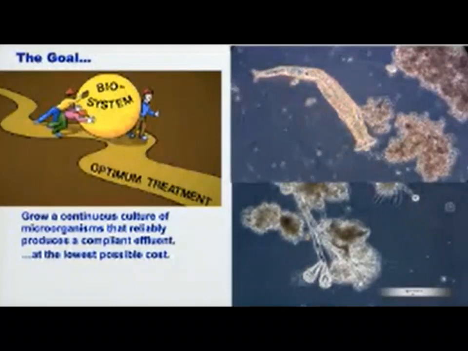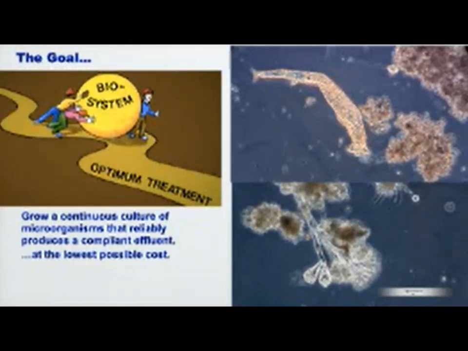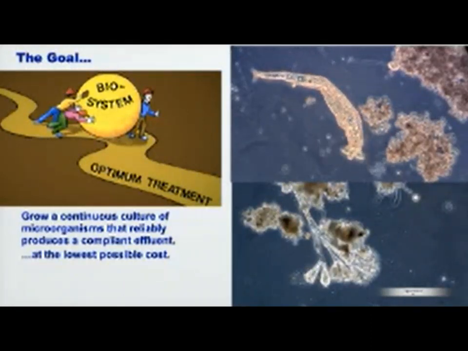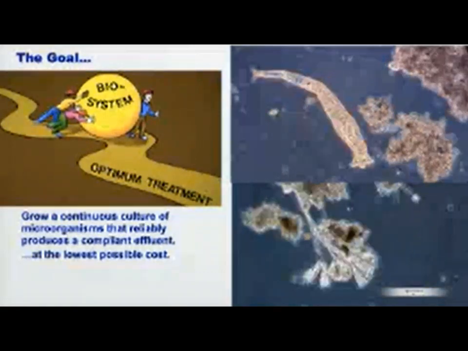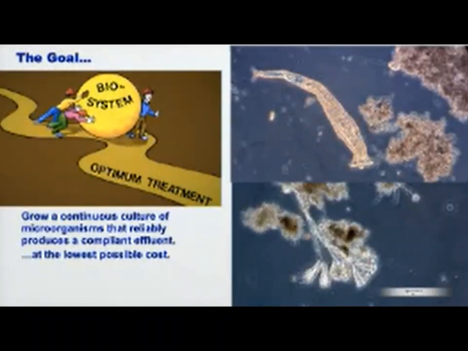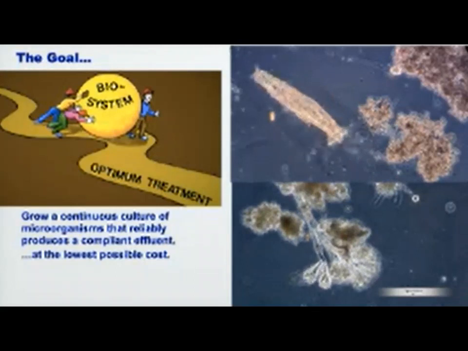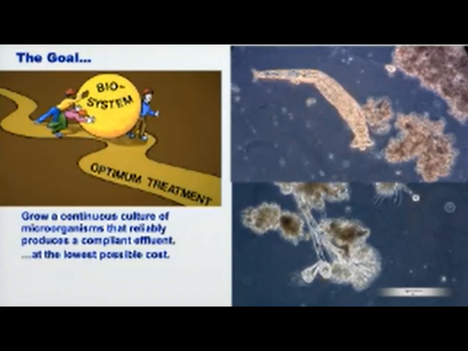So I'm simply saying things like optimum treatment means make the effluent as good as we can make it and keep it as stable as we can make it. And let's make sure that when we're using DO, that the cost of the DO, which can be significant, is really applied as precisely as we can apply it. Because this is hundreds of thousands and or millions of dollars of delta with no measurable difference in outcome in a lot of cases. So there's big money at stake on oxygen adjustments.